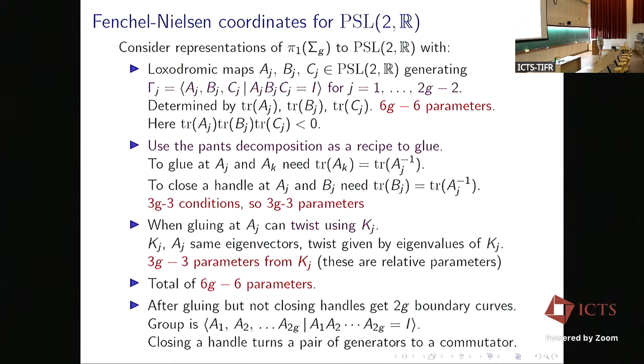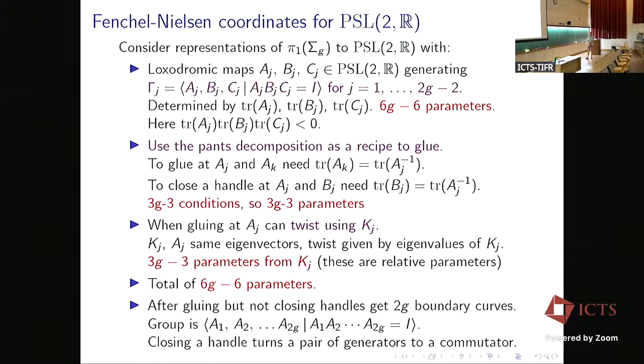Now I use the pants decomposition to glue, and to glue I need the trace of the two gluing things to be the same. Really, I need it to be for the inverse, but let's be strict about that. And to close a handle, I need the trace of the A and the B to be the same. So that gives me 3G minus 3 conditions. So 6G minus 6 minus 3G minus 3 leaves me with 3G minus 3 parameters. Those are my length parameters.